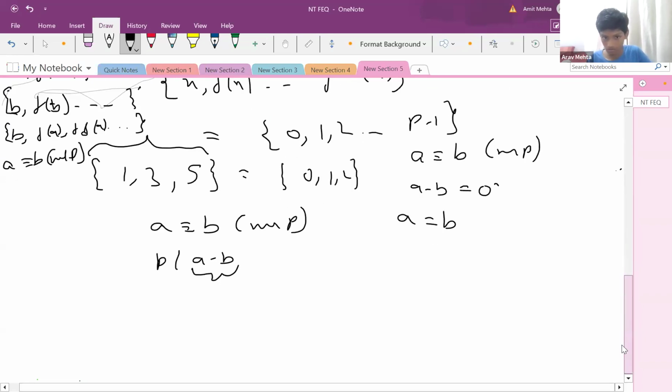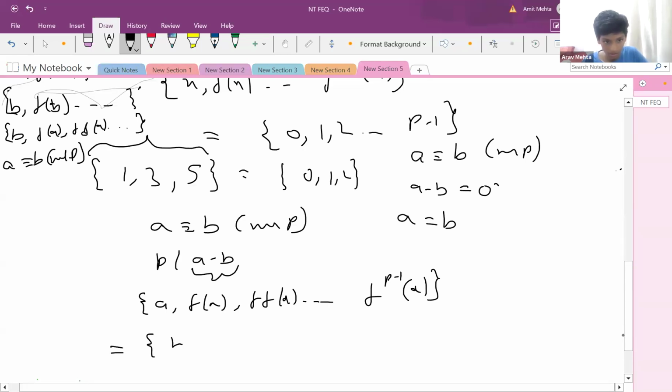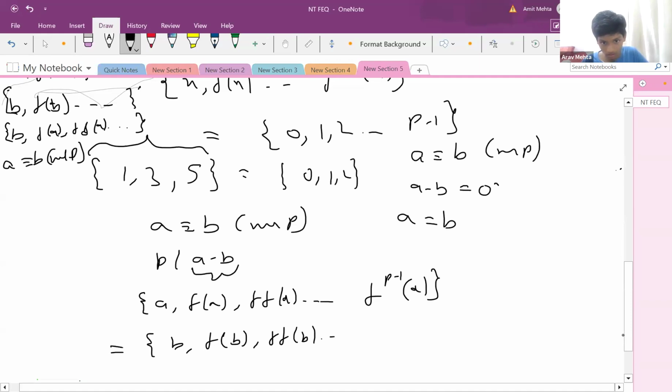Okay, let me go through this. So we have that a, f of a, f of f of a, up to f to the p minus 1 of a leave the same remainders as b, f of b, f of f of b, and so on.